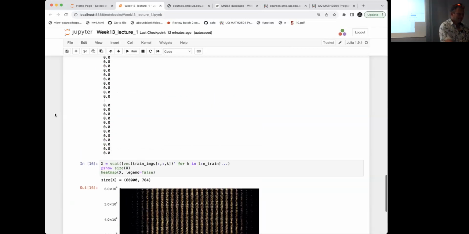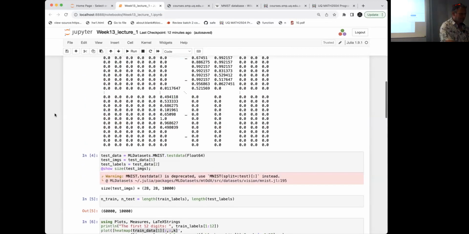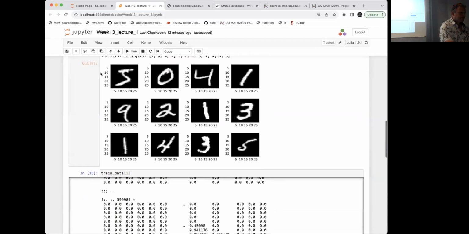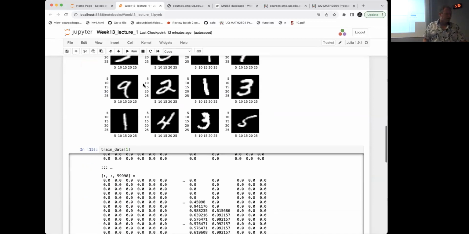Exactly, perfect. The thing that happens is the nature of the images. These have been pre-processed. And by the way, when people create data sets, a lot of work goes into pre-processing. So these are not digits like you'd have in the pattern recognition system that Queensland Police uses on your license plate. These have been centered. And because they're centered, you've got a lot of darkness here and a lot of darkness here, so a lot of zeros there and a lot of zeros there.